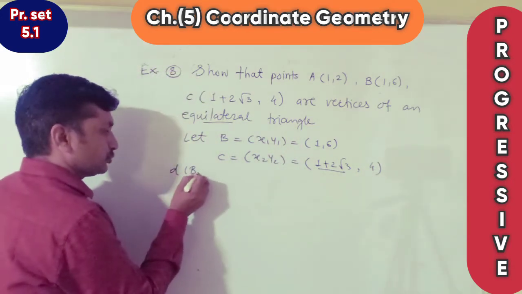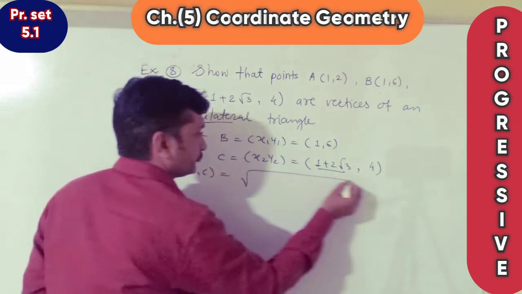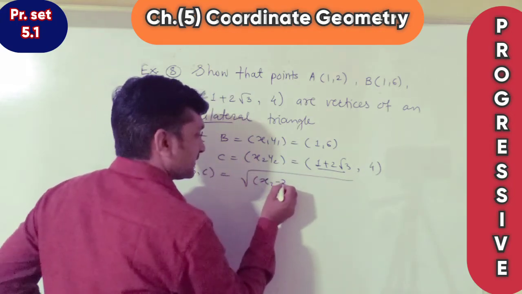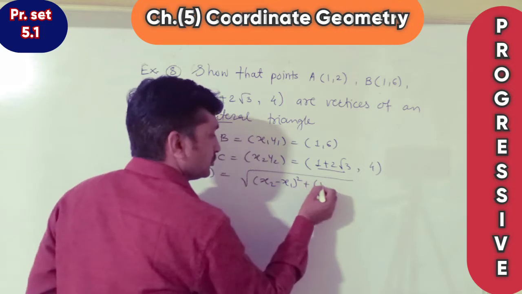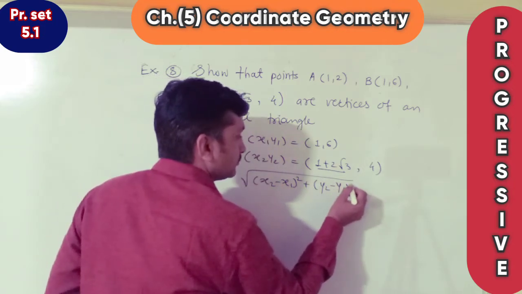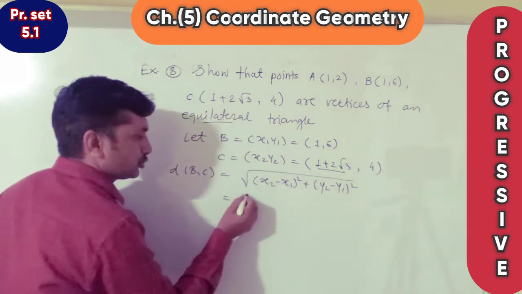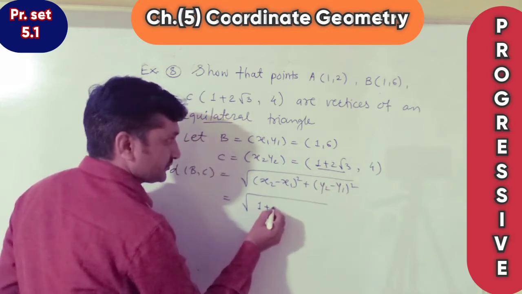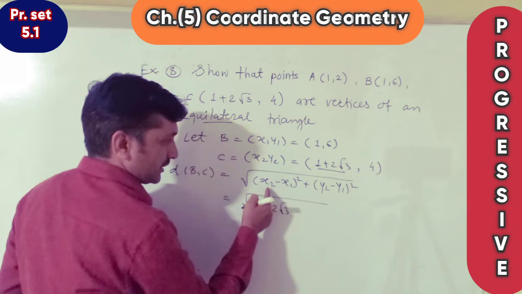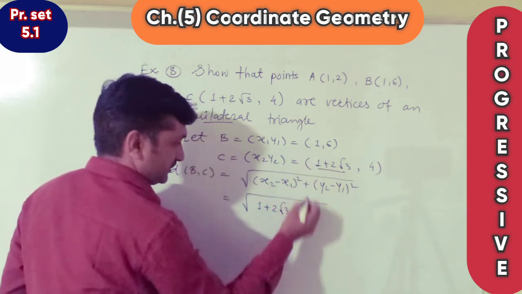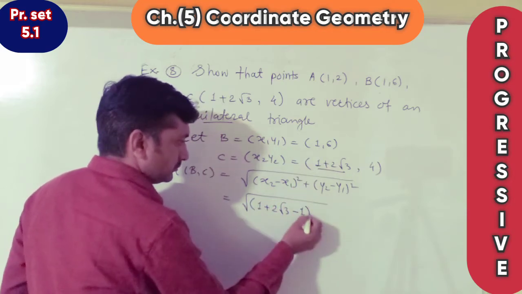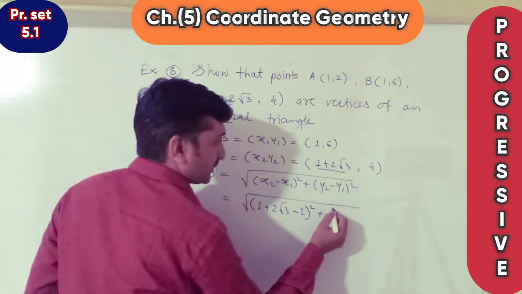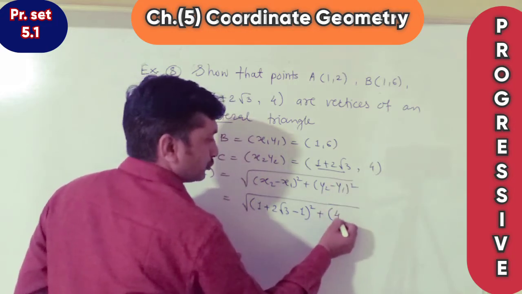Distance BC is equal to square root of x2 minus x1 bracket square plus y2 minus y1 bracket square. Square root of x2, this is 1 plus 2 root 3, x2 minus x1 is 1, bracket square plus y2 is 4 minus 6, bracket square.